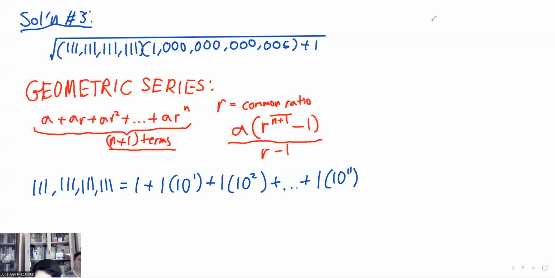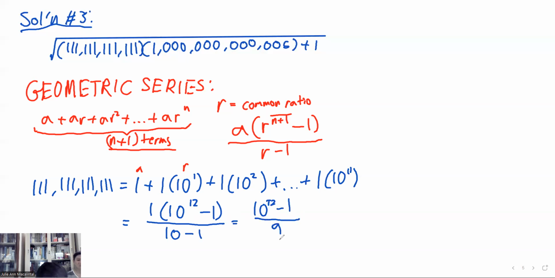We can identify 1 as A and then R as 10. The A will just be 1 and then the R 10 to the number of terms, which is 12, and then minus 1. Then all over whatever R is, 10 minus 1. Simplifying, 10 to the 12 minus 1 all over 9. Okay.